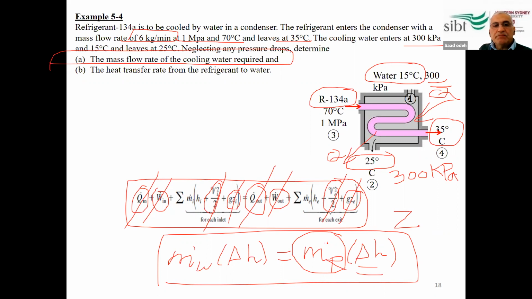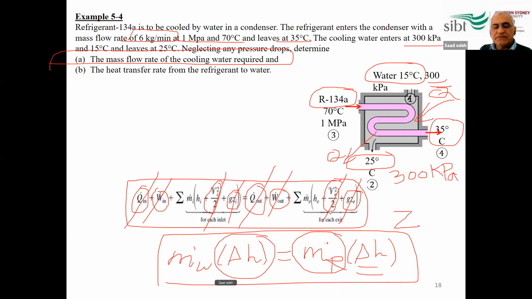I have the pressure, 1 megapascal. I know the temperature. I go to the tables of refrigerant 134a at superheated condition, and I can find the H value of the inlet and H of the exit. Same thing with the water.